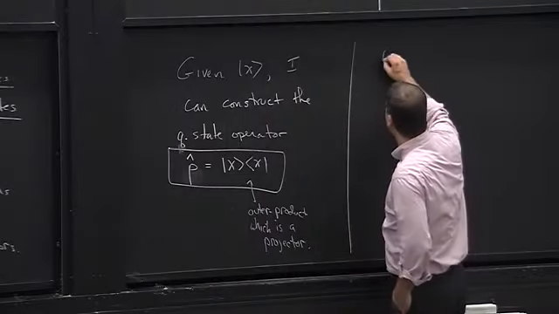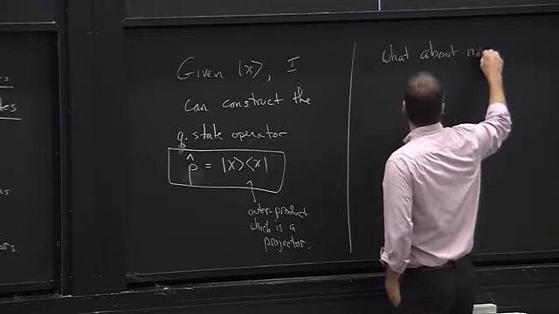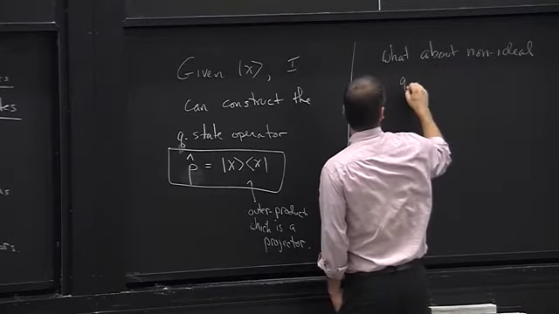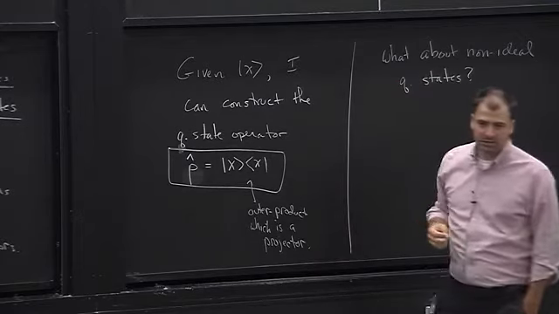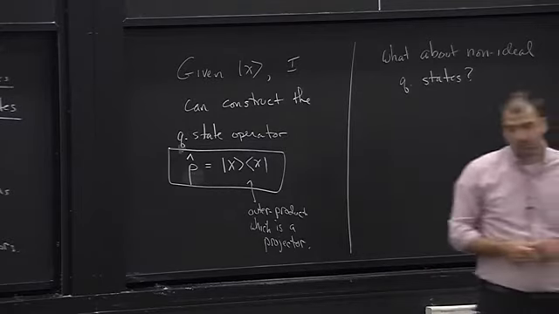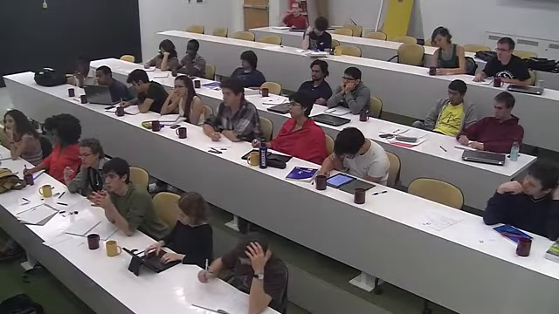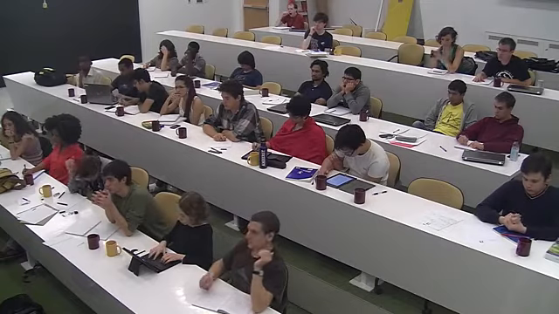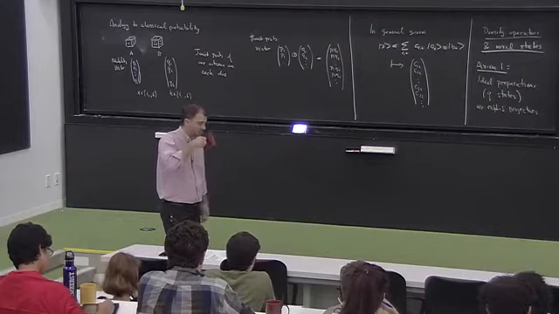Now, what about non-ideal states? These are very important. I have the thermal state of some solid, or of a cavity, for example. There are lots of contexts where you want to describe the state where you don't have the maximal knowledge that's possible.